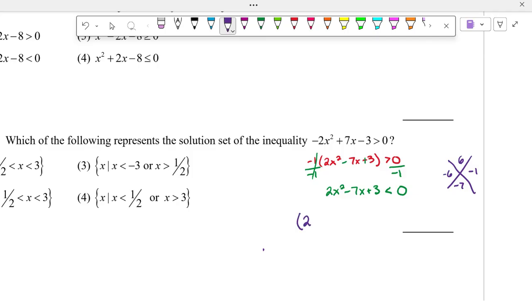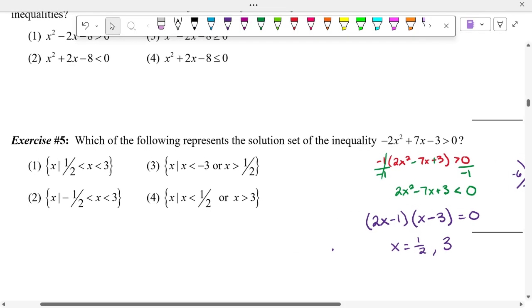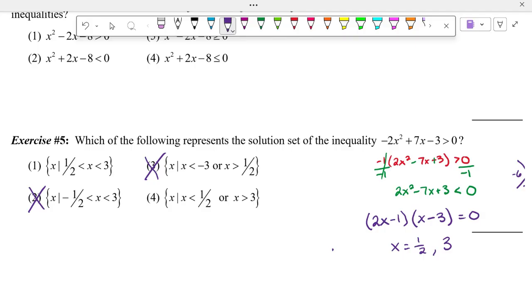So, because I know y'all can factor, this would be 2x minus 1, x minus 3. So x would have to equal 1/2 and 3. So automatically, that kind of gets rid of 2 of our answer choices. Anything that does not contain those 2 numbers are gone.